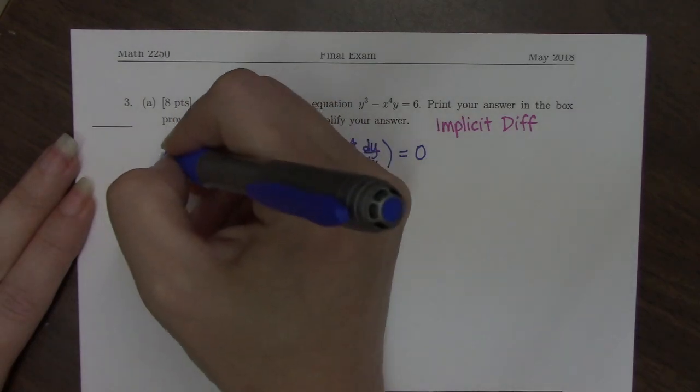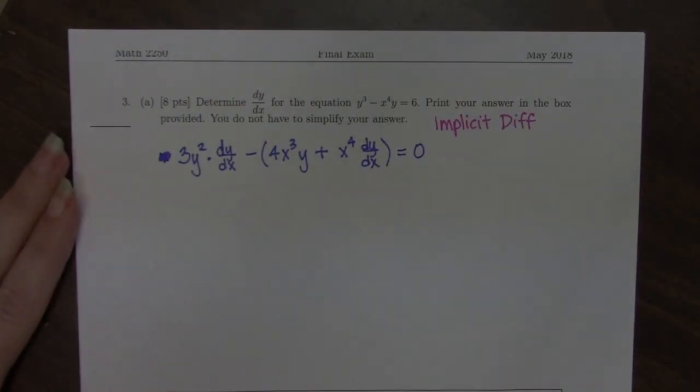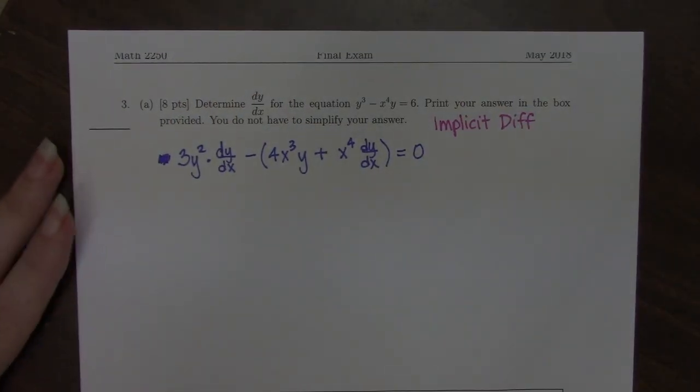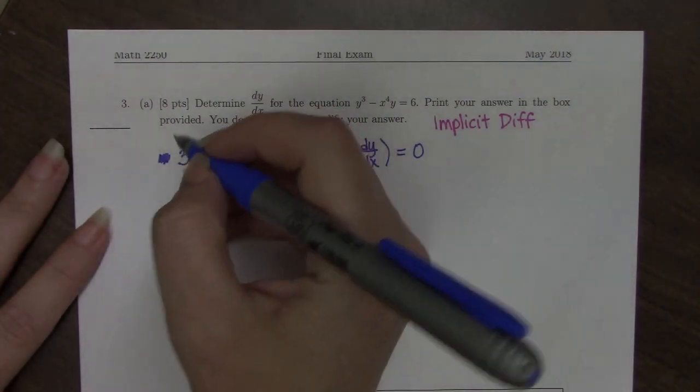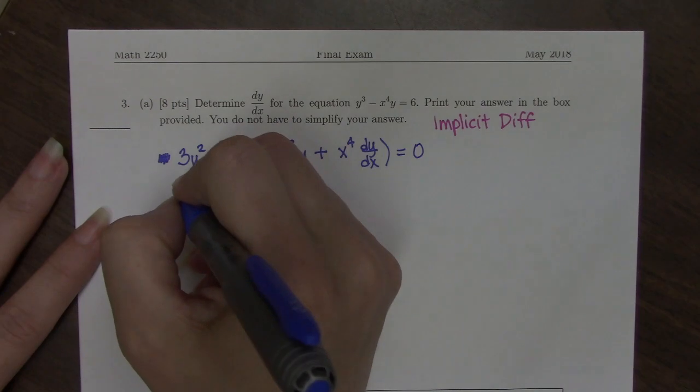So now, I'll get rid of these equal signs here. Now all I need to do is solve for dy/dx. So now it's just an algebra problem. The first thing I'm going to do is distribute this negative sign across.